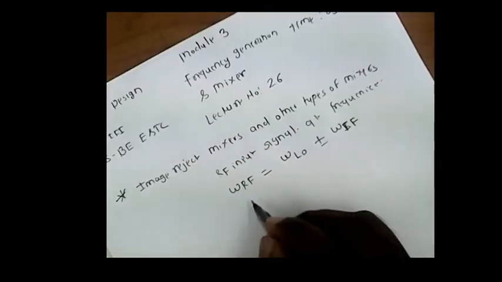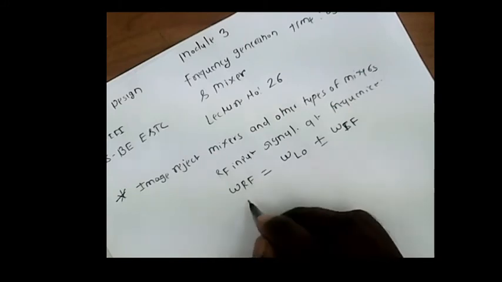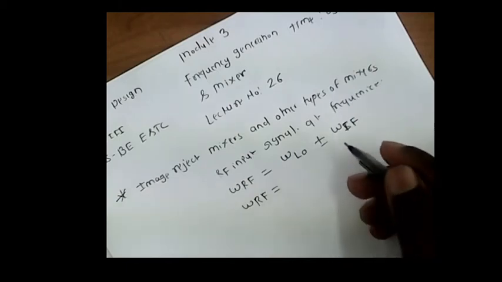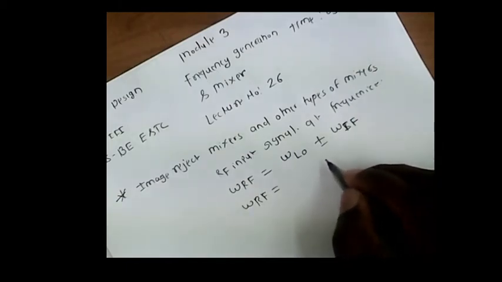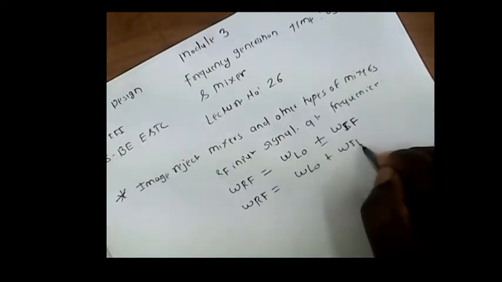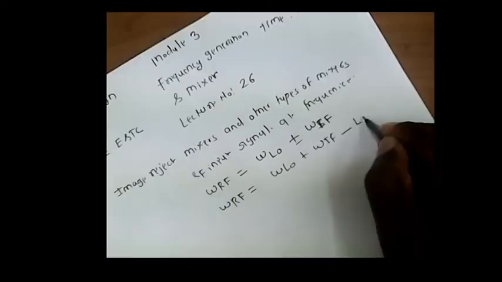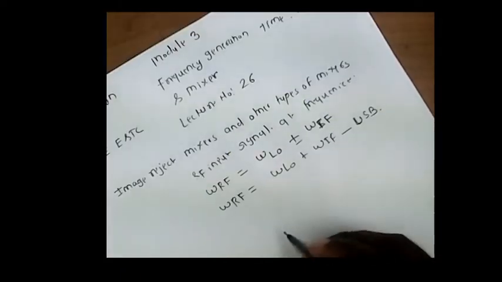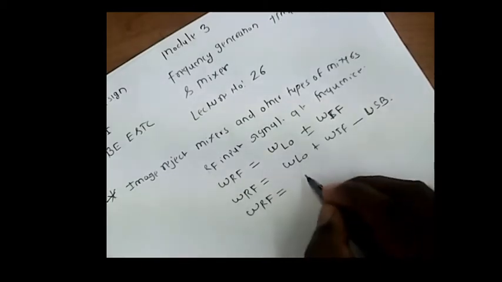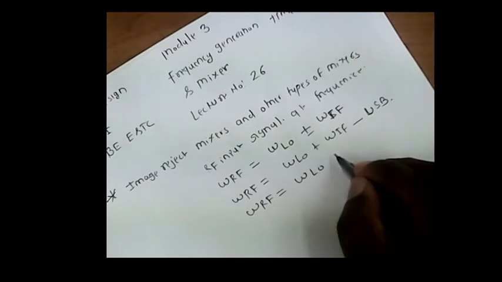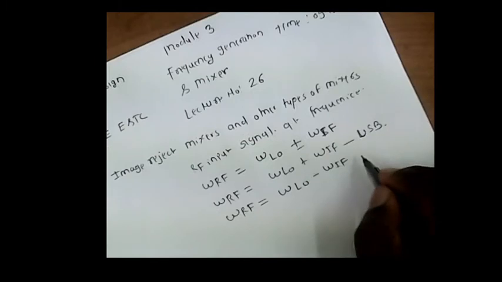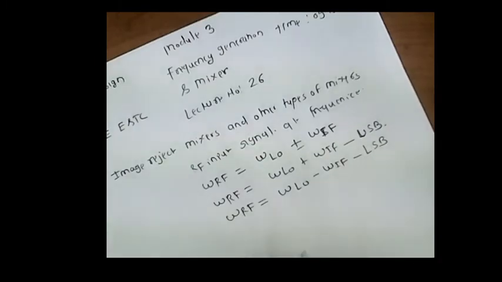For example, if we generate the upper sideband, the frequency for the upper sideband is the sum, omega L plus omega I. If the RF output frequency is the difference between the two frequencies, local oscillator minus intermediate frequency, it will generate the LSB.